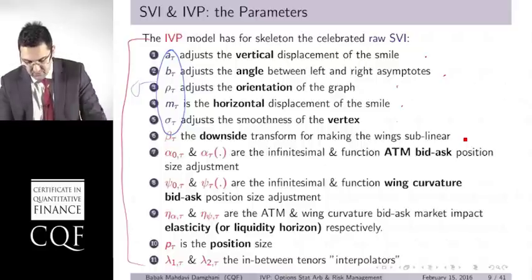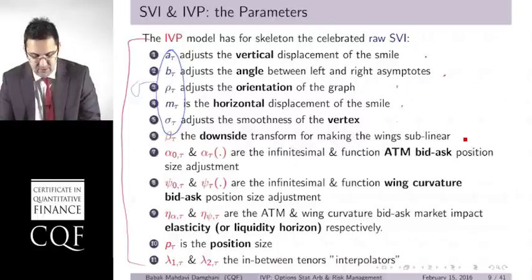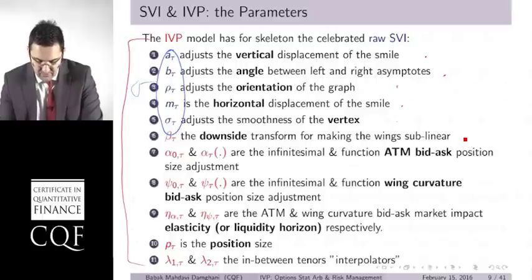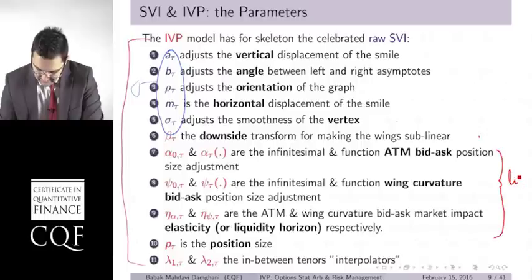The downside transform addresses one of the main limitations of the SVI model, which is that in the wings, the implied volatility surface should not be linear in variance space, but should be sublinear. That's one of the reasons why the SVI was initially made obsolete in Bank of America, precisely for this specific reason. Then you have a few liquidity-related parameters.